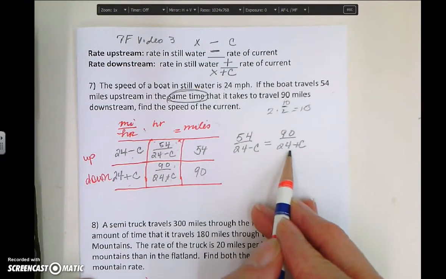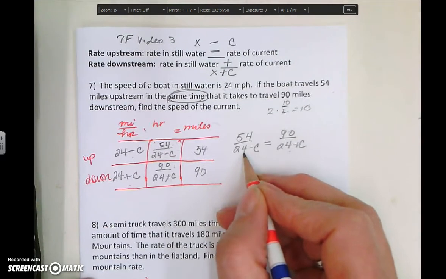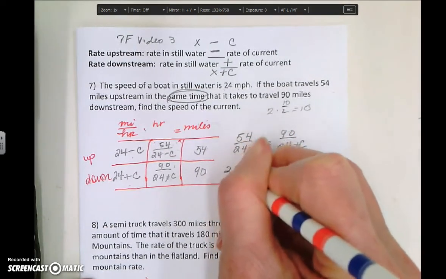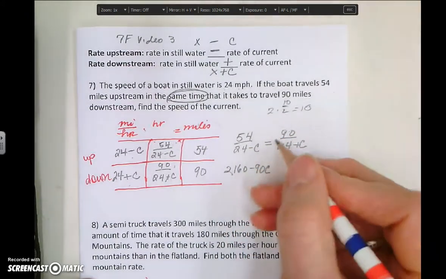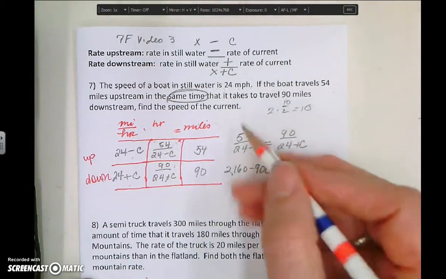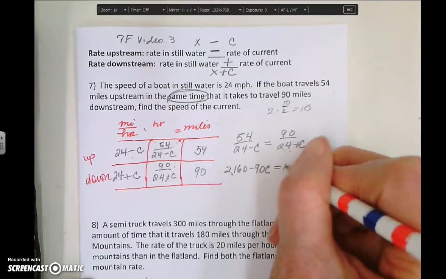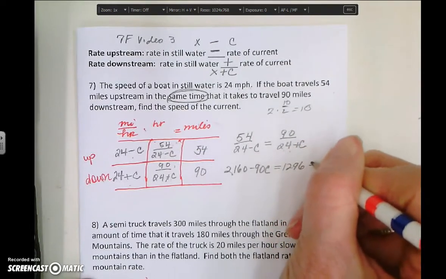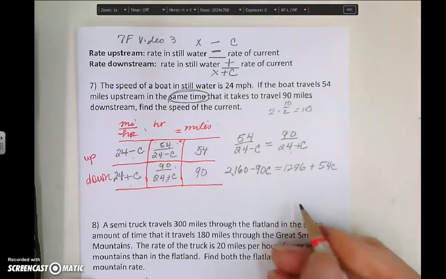And so I'm going to multiply 90 times 24 minus c and get 2160 minus 90c. So distribute that 90 to both of those, is equal to, and then multiply my 54 times 24 plus c and get 1296 plus 54c.